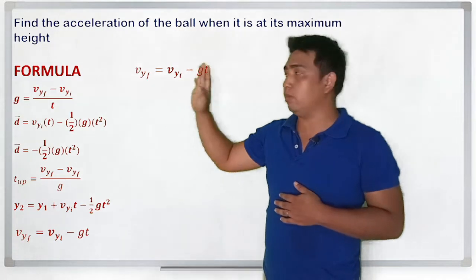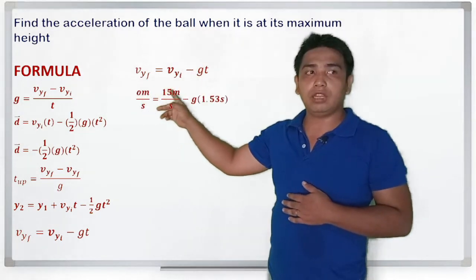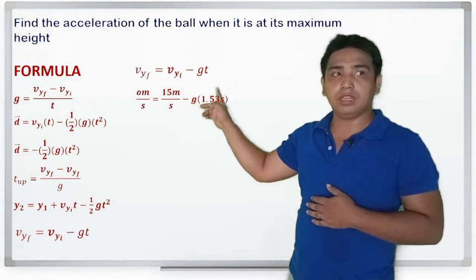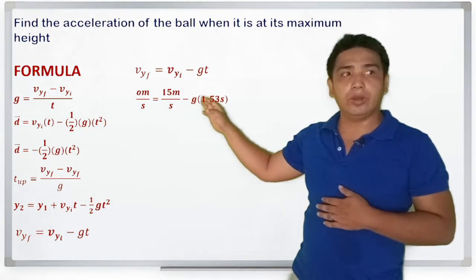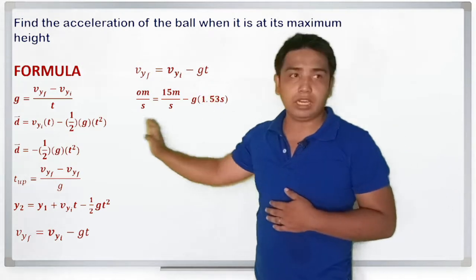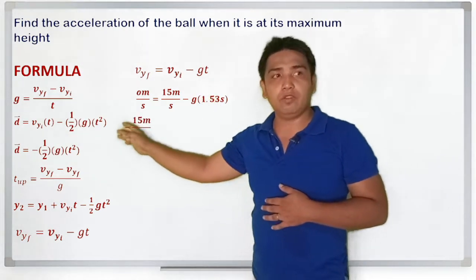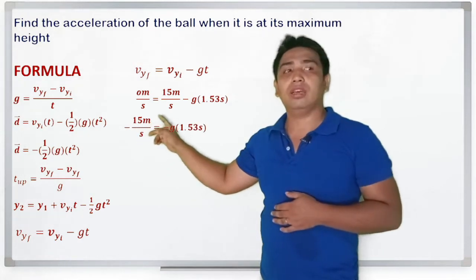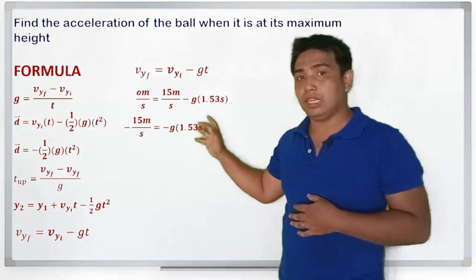So VYF will be 0, which is equivalent to 15 meters per second minus G times 1.53 seconds. Alright, so we are going to transpose 15 to the other side, so that's gonna be negative 15 meters per second is equivalent to negative G times 1.53 seconds.